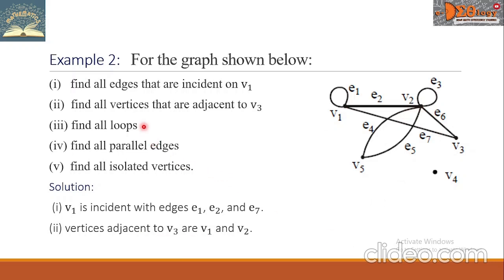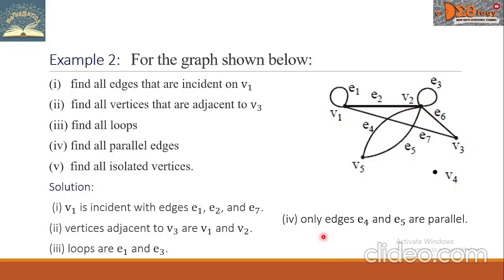Next question. Find all loops. Observing the graph here, and we write loops are this e1 and e sub 3. Next question. Find all parallel edges. In the graph, we can observe that this e4 and e5 are parallel.